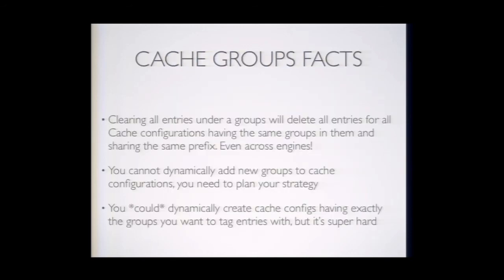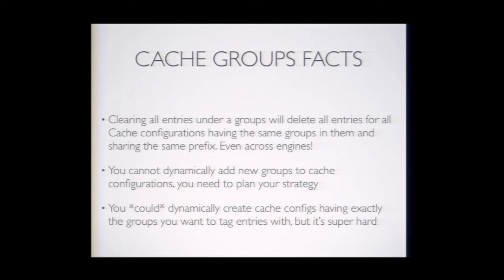So clearing all cache entries on the group will delete everything across engines. So if you have multiple engines having the same groups, it will not only delete in Redis, it will also delete in Memcache, which is kind of awesome. You cannot dynamically add new groups to cache configurations, so you need to really plan your cache strategy ahead.